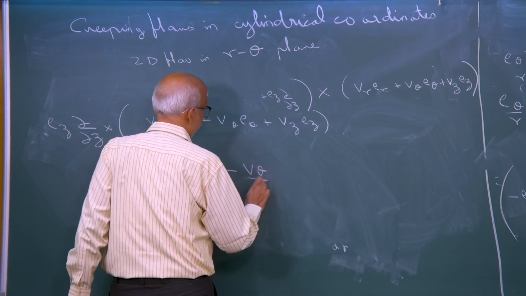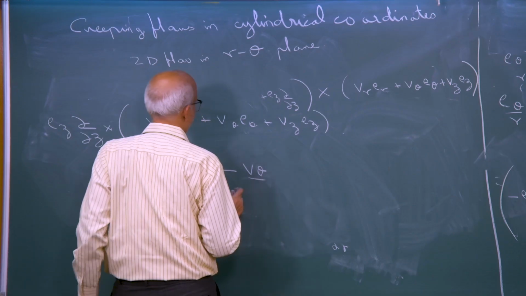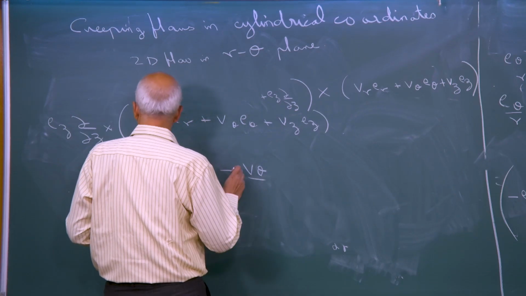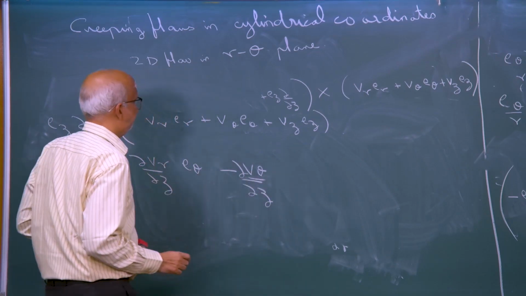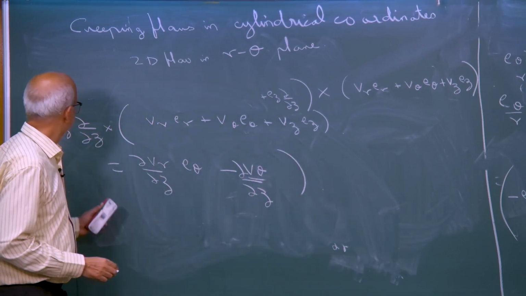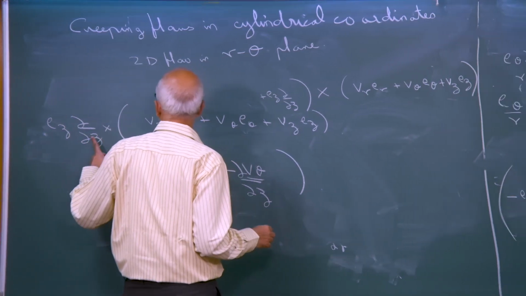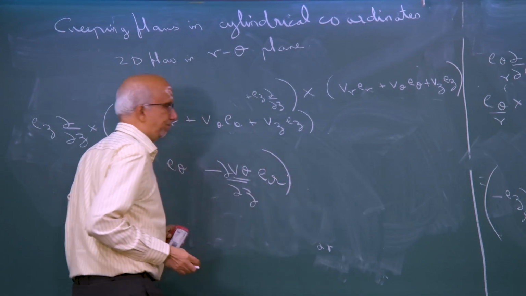So, minus dV theta by dz. Ez crossed with E theta will be Er.